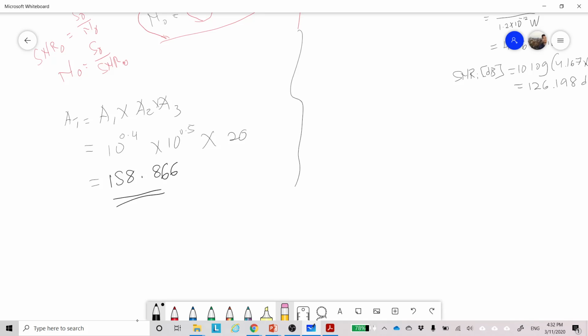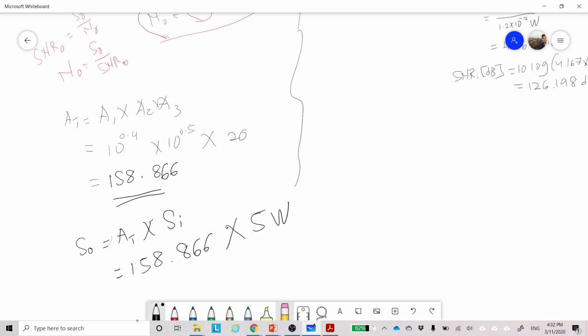Saya boleh kira SO. I can find the SO value is equal to A total darabkan dengan SI. So ini adalah bersamaan dengan 158.866 darabkan dengan SI 5 watt.